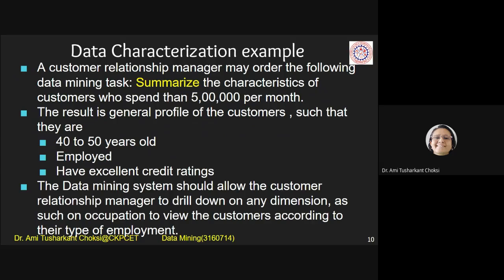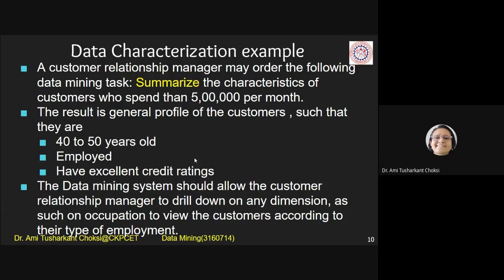So whatever data this example considered, they have seen the result of what? Summarize the characteristics of customers who spend more than 5 lakh per month, right? So the general profile of the customers says that they are aged between 40 to 50, employed, and have excellent credit ratings.